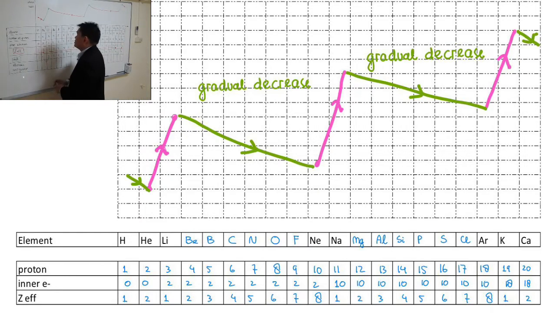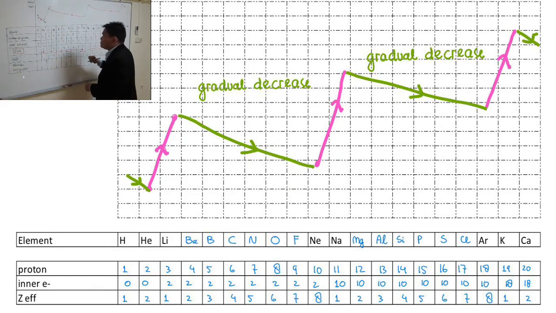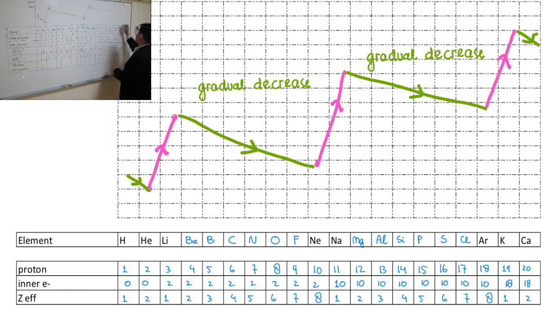So we need to write down just some key elements here, like hydrogen and helium, lithium, neon, sodium, argon, potassium, and calcium.